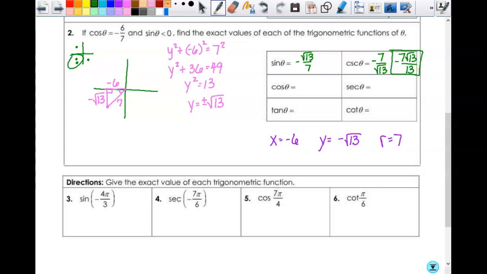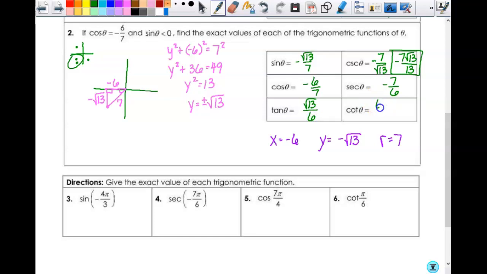Cosine is x over r, so it's negative 6 over 7, and secant will be negative 7 over 6. Tangent is y over x, so that's negative square root of 13 over negative 6, so it's just square root of 13 over 6, because it's negative over negative.